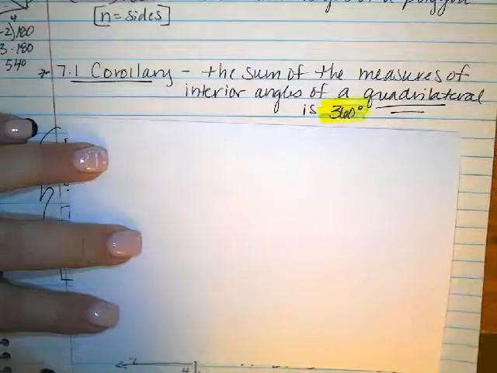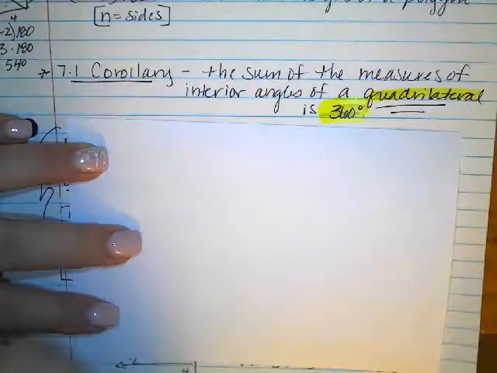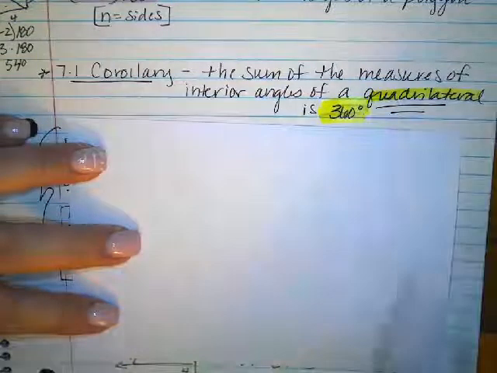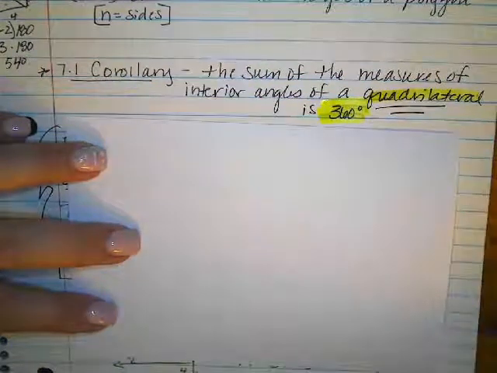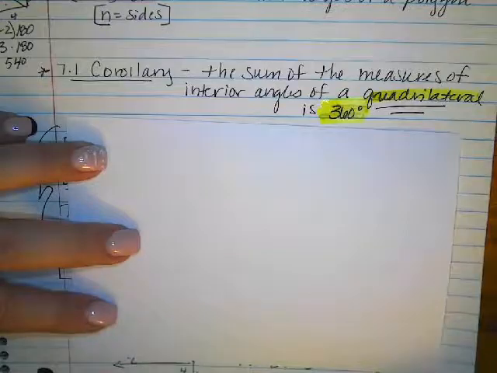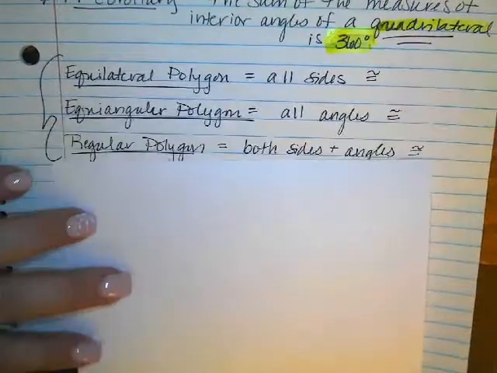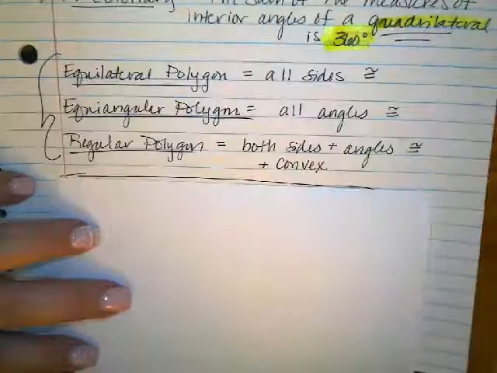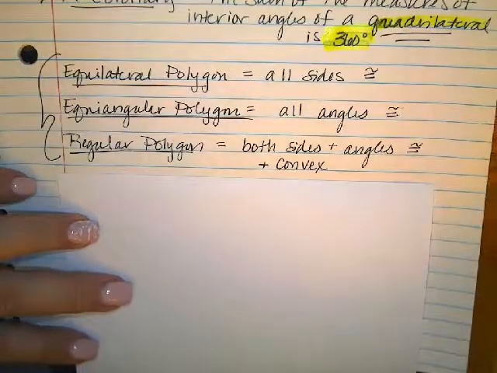We're going to use it a whole bunch with quadrilaterals. So the 4-sided polygons that we're going to be working on have an interior sum measure of 360 degrees.